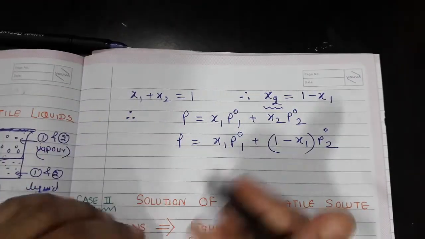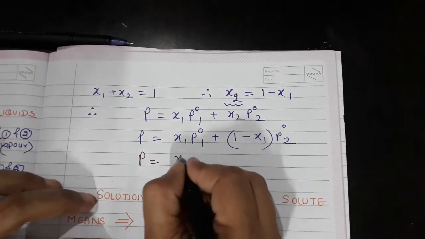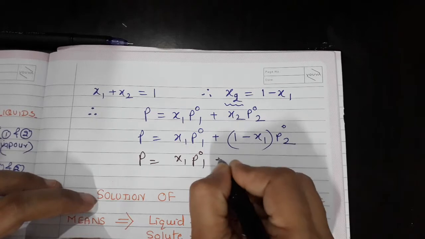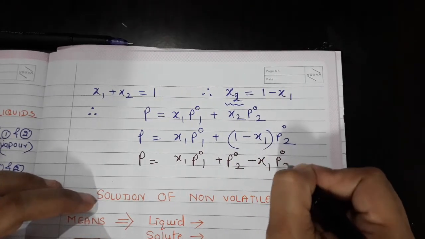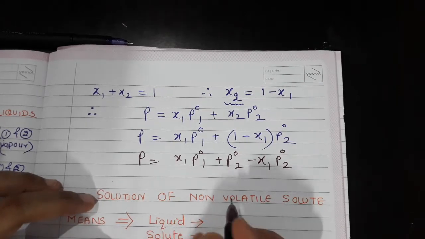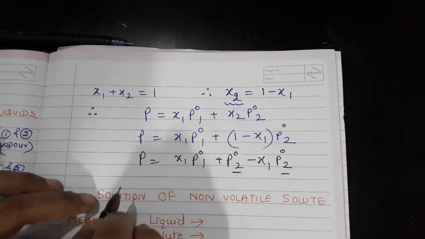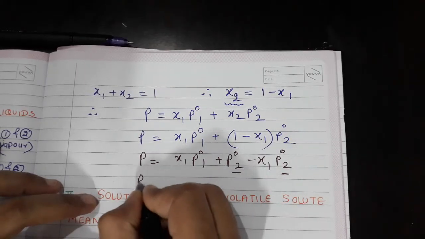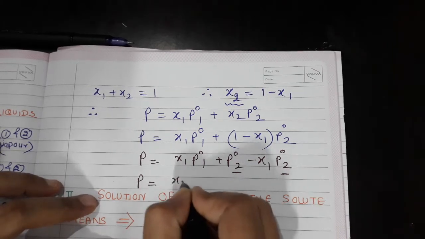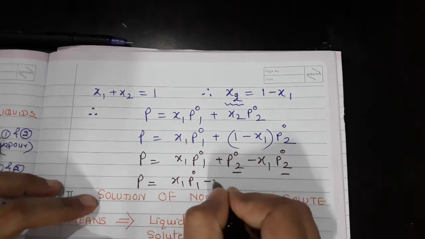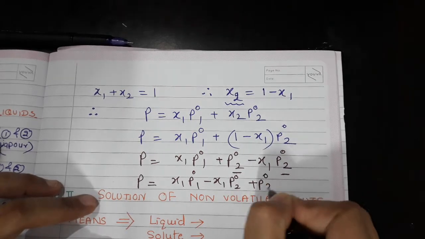Now I open the brackets, so I'll be getting P is equal to x1 P naught 1 plus P naught 2 minus x1 P naught 2. Now I bring these similar terms together, so I will be getting P is equal to x1 P naught 1 minus x1 P naught 2 plus P naught 2.